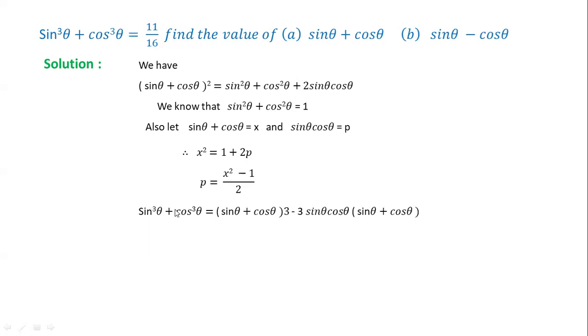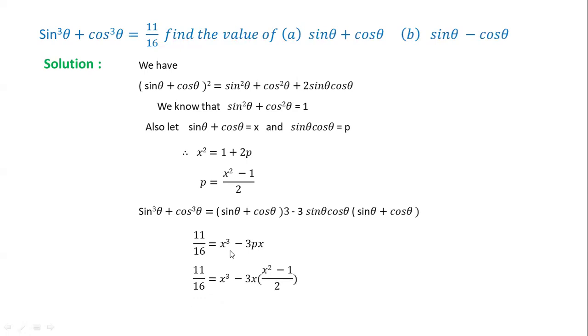Now this value we know is 11 by 16, and this is x, so if you put all these substitutions, it will take the form 11 by 16 is equal to x cubed minus 3px. So 3px.